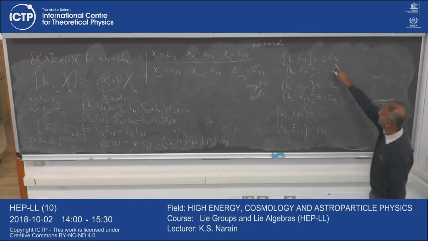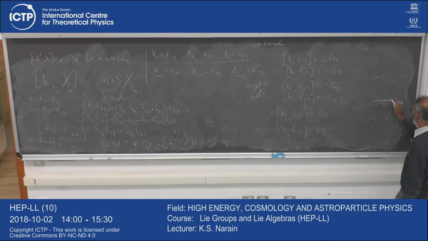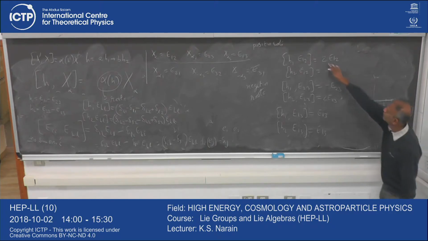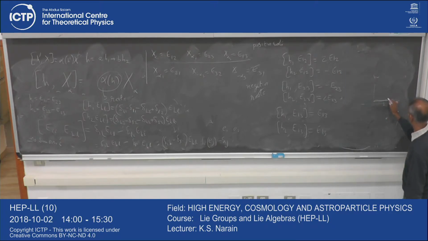So let's look at E12. E12 has 2 units of this one and minus 1 unit of this one. So it is somewhere here, right? This is 2 and minus 1. So this is 1, 2, etc. And here is minus 1, 0, 1, etc.